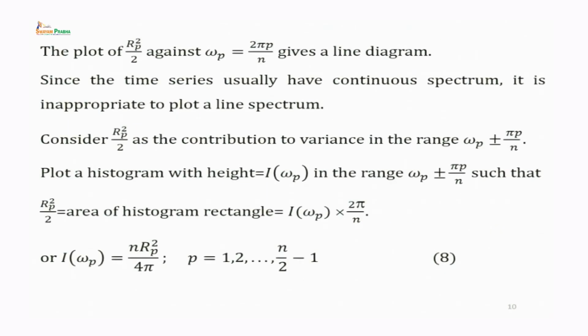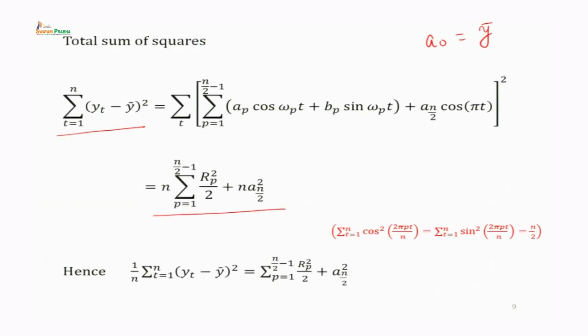So, basically what you have done, this is the total sum of squares, and this is, you can say, the contribution of the pth harmonic. So, the total sum of squares is decomposed into the contributions of different harmonic terms.